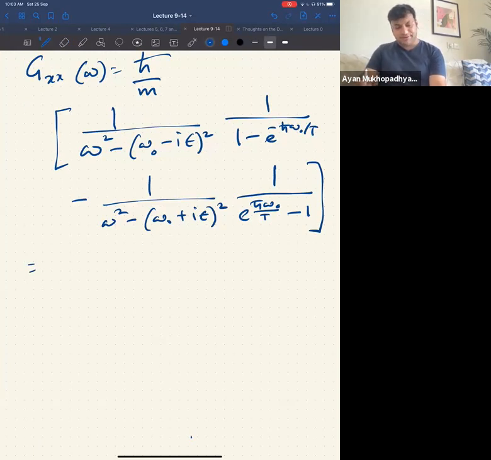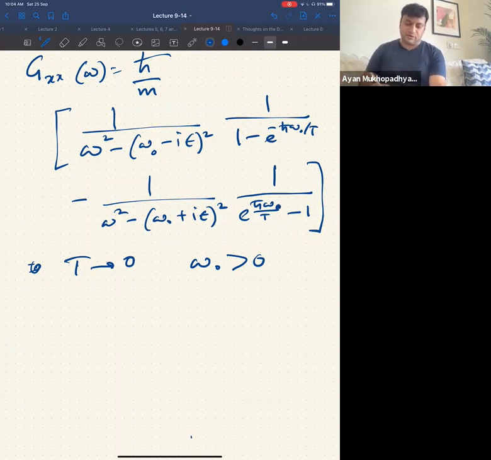Okay, so now you see what happens in the limit t goes to 0. Somebody was complaining that they couldn't understand the t goes to 0 limit. First of all, omega naught is always greater than 0 by definition. There's another way to write the same object using omega, but here I've written it only in terms of omega naught.